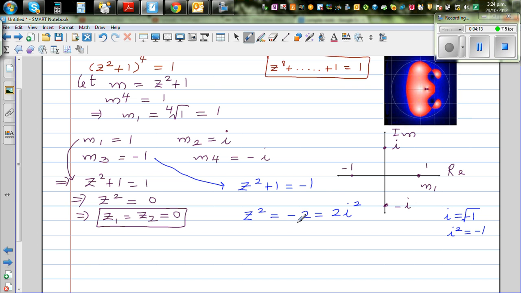So this is 2 times negative 1, which is 2i squared. So your z3 is square root of 2 i, and z4 is minus square root of 2 i. So these are your 4 roots.